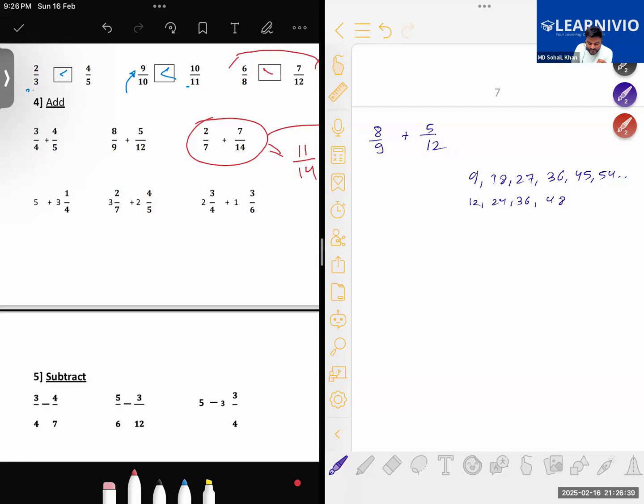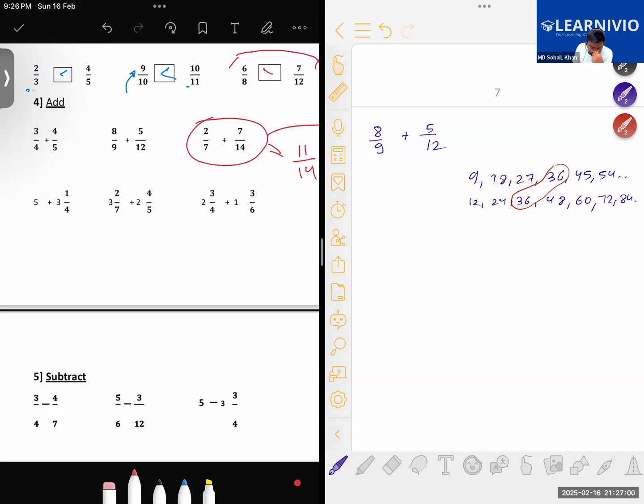Now LCM stands for lowest common multiple. So let's talk about the common multiples here. What are the common multiples you can spot here? We have got 36 as the common multiple. Let me write a few more. You have got 60, 72, 84.